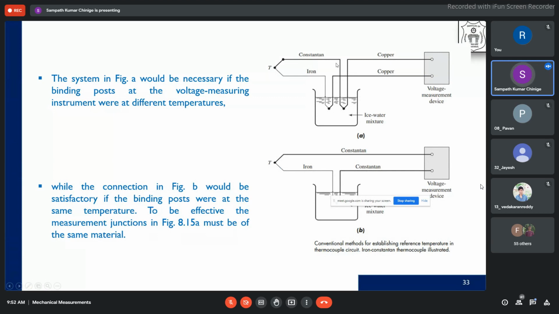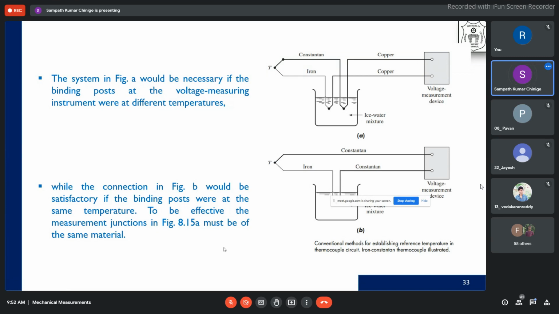Instead, it is maintained at 0 degrees centigrade, just like this. Since these two are at the same temperature, there is no additional EMF being produced, even though the temperatures here are varying. This is one method of forming the thermocouple circuit.